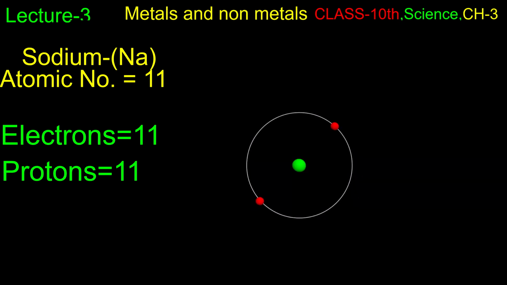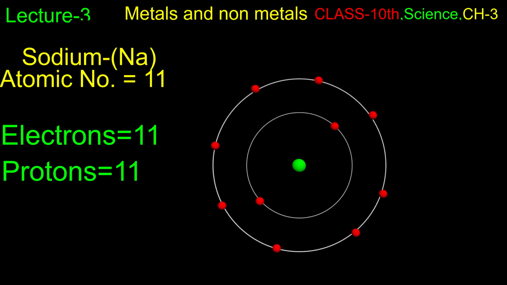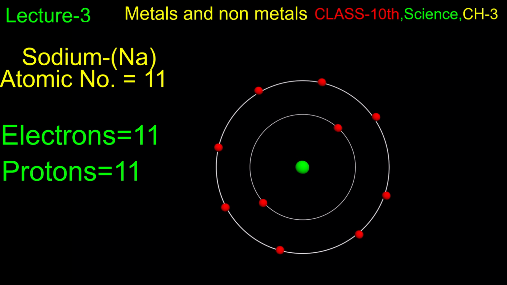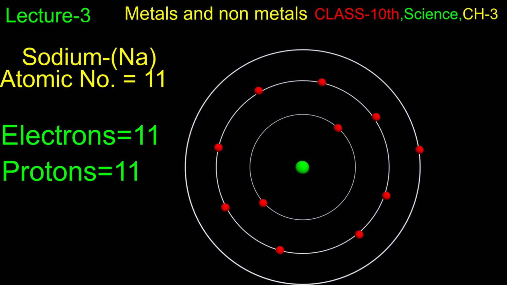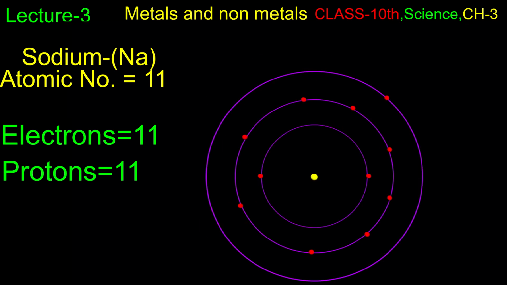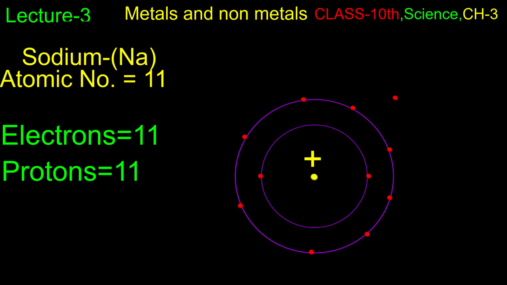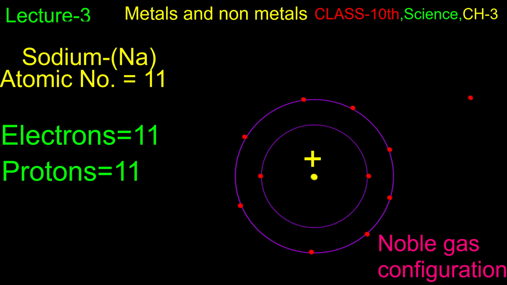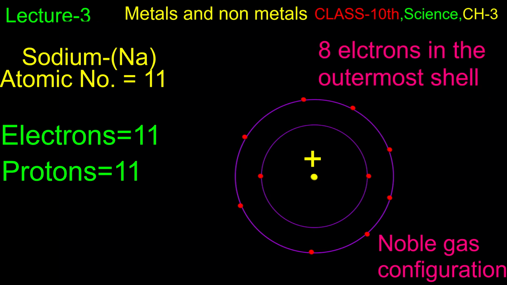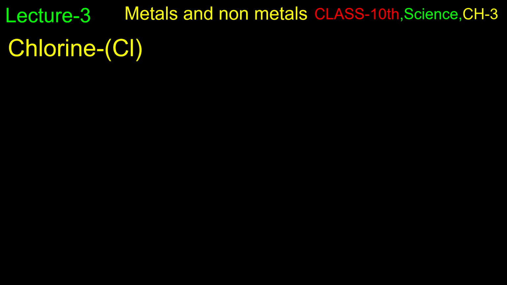Electronic configuration of sodium is 2 in the first cell, 8 in the second cell, and in the outermost just one electron. On losing one electron in the outermost cell, it acquires noble gas configuration because now 8 electrons are left in the outermost cell.